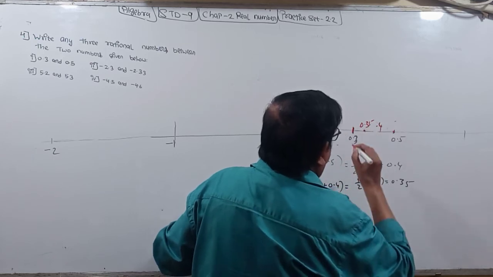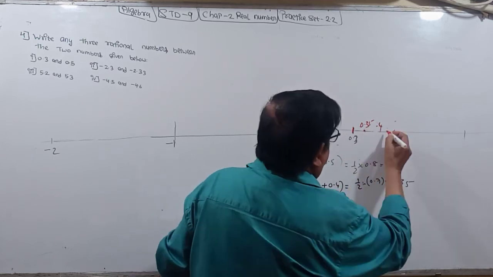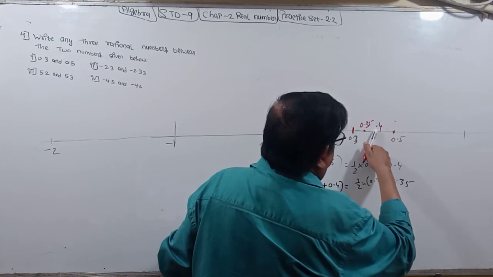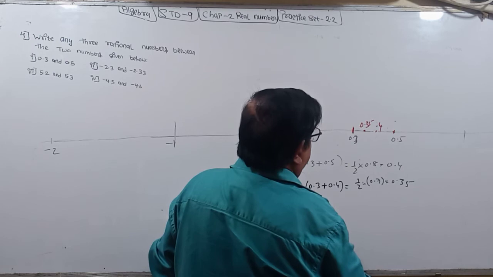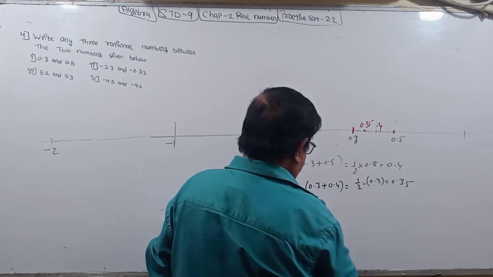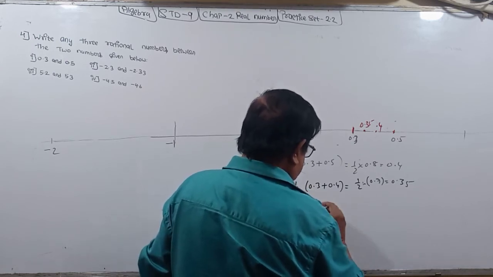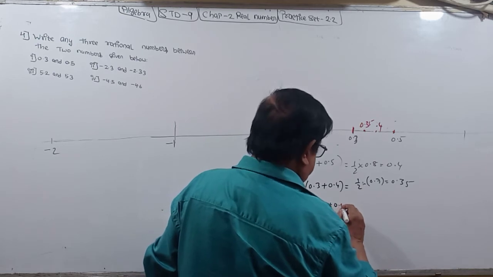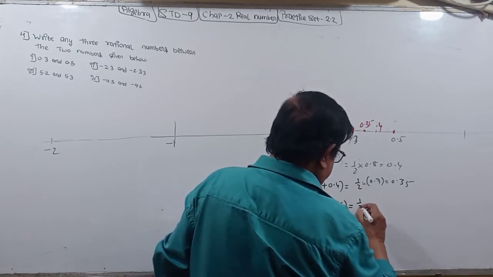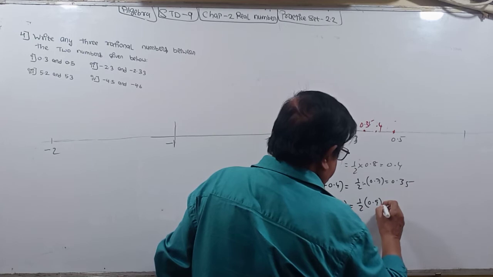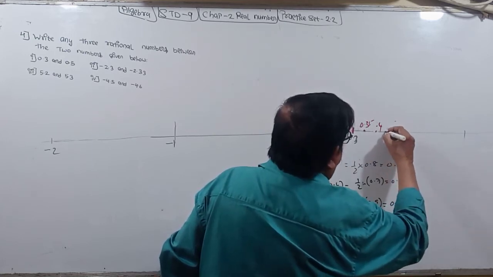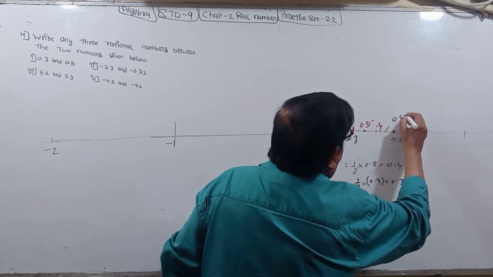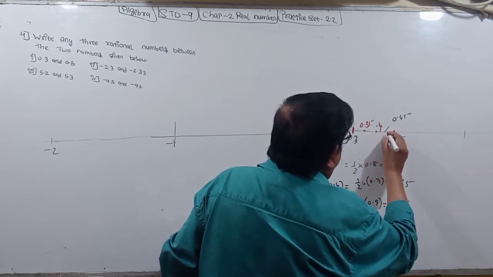This is 0.4. Now one more point between 0.4 and 0.5 will come. Half of 0.4 plus 0.5 equals half of 0.9 equals 0.45. Here comes 0.45. One done, two done, three done.